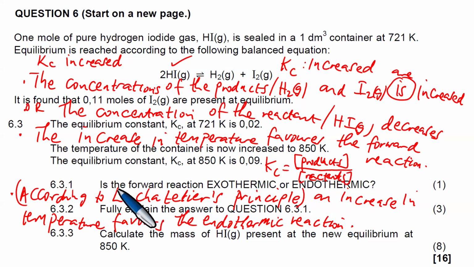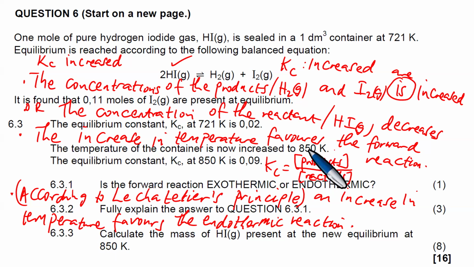So this is what we have. When the Kc increases, it means the concentration of the products increased, and the concentrations of the reactants decreased.